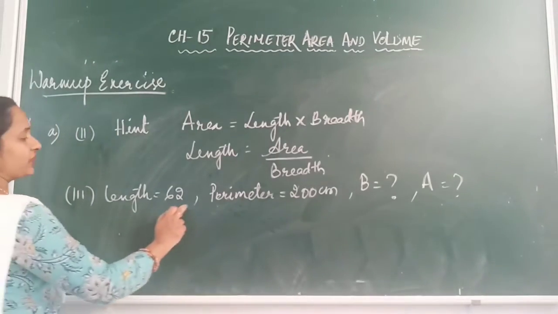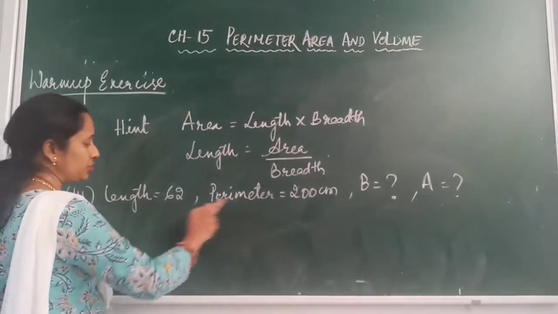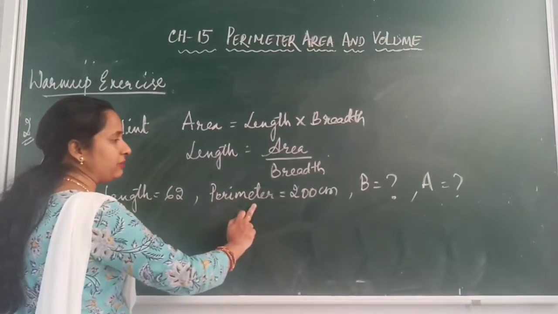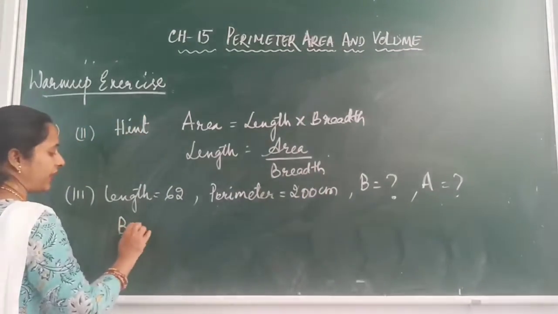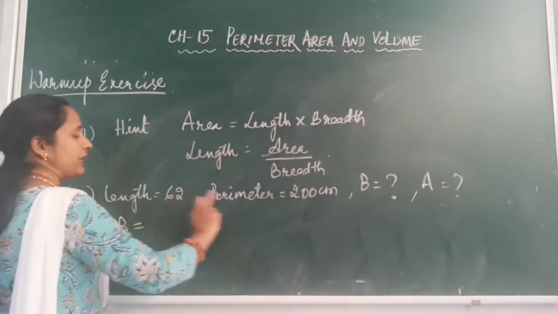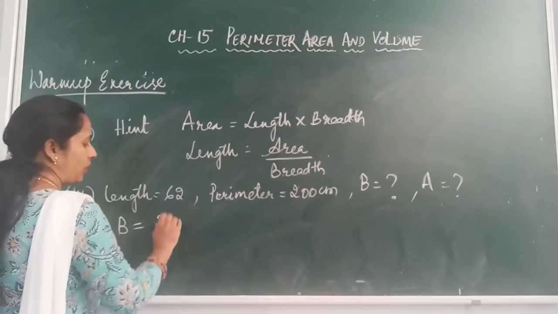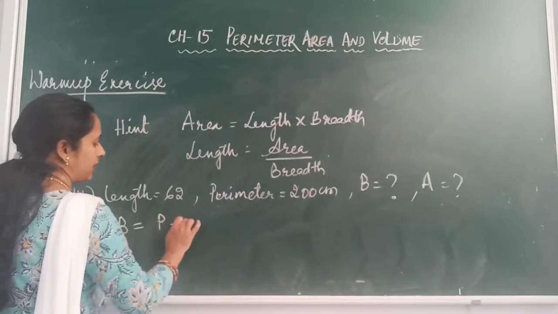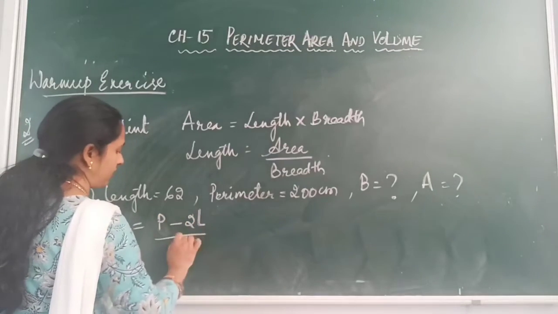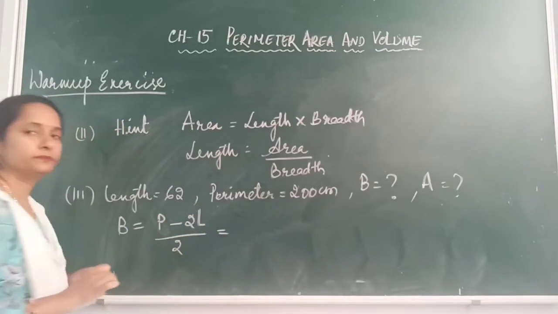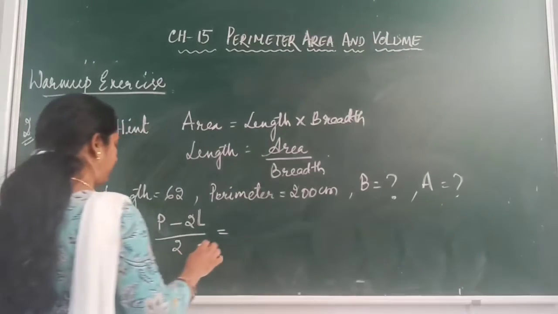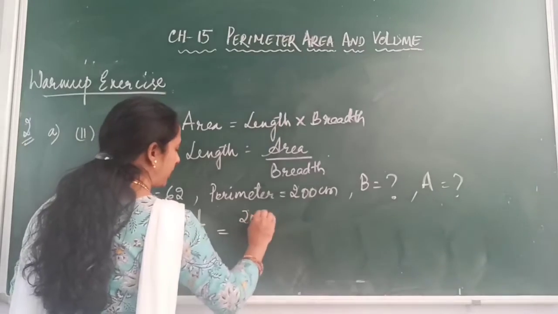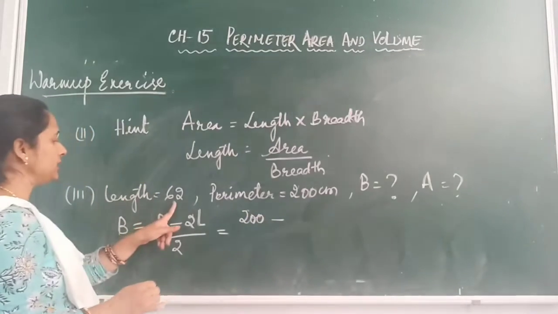So first of all, see what is given to you: the length and the perimeter. First you find the breadth. Finding breadth with the help of length and perimeter: perimeter minus twice of length, divided by 2, will give you the measurement of the breadth. So perimeter is 200 minus twice of length.